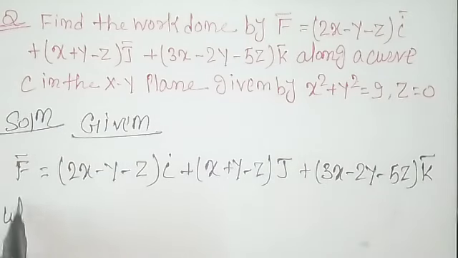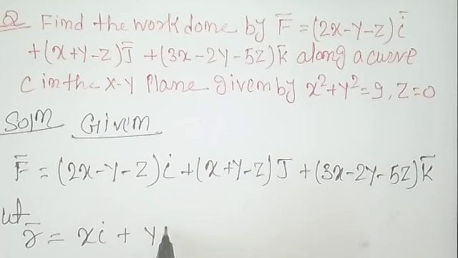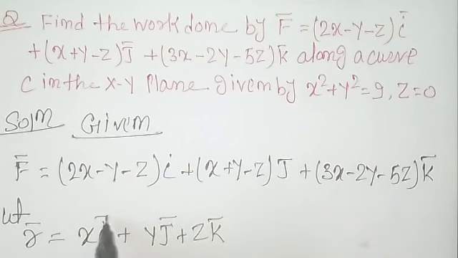So let the position vector r be equal to xi plus yj plus zk. So these are the vectors.